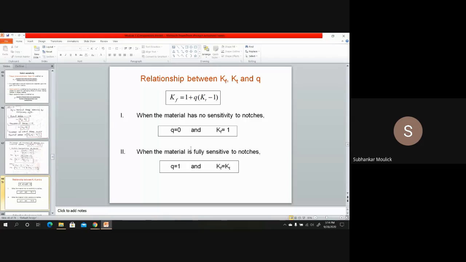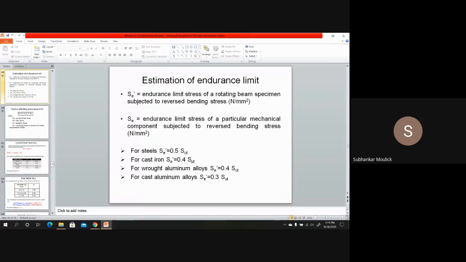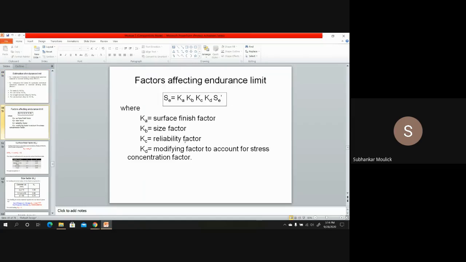All these things we have seen. We have also seen the difference between the endurance limit of a particular component and the endurance limit that we get from the rotating beam fatigue testing machine.